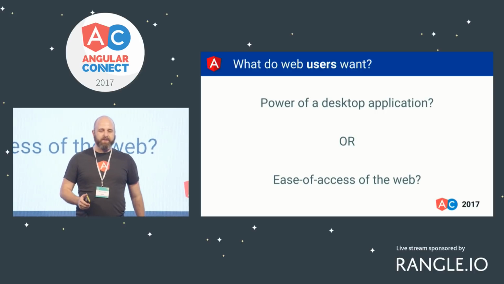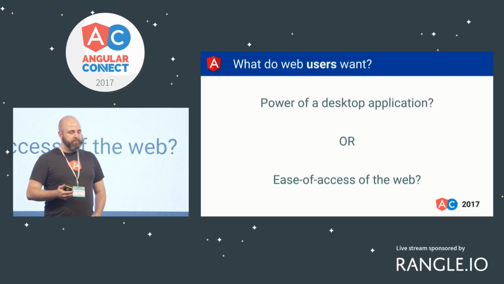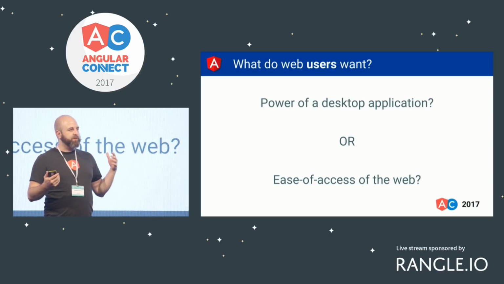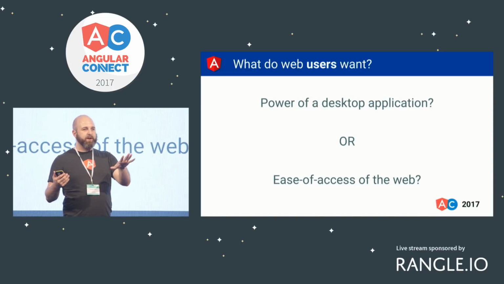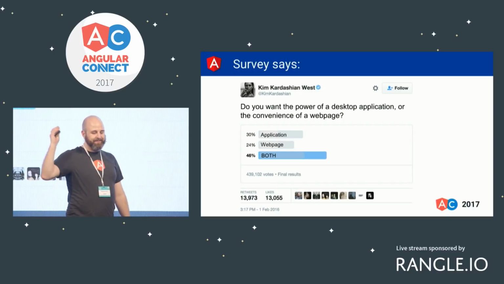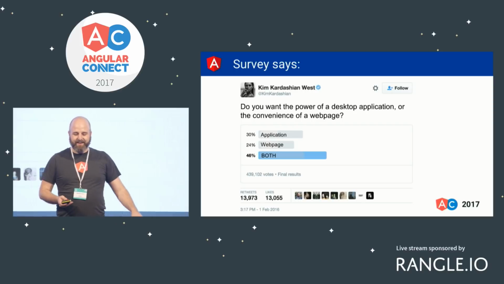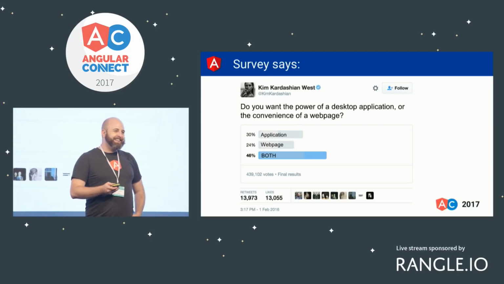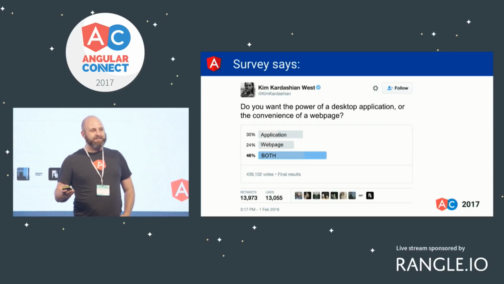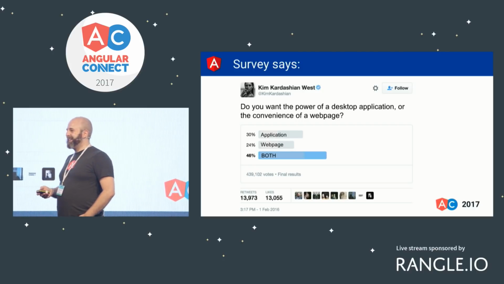You just type the address in the URL bar, and very easy to use. So if you go to users and you ask them what's going to happen, yeah, exactly. Kim Kardashian agrees with you. Not really, it's fake. But they will tell you, why are you asking me such a stupid question? I want them both. Get out of here.